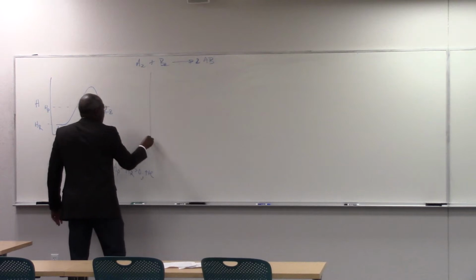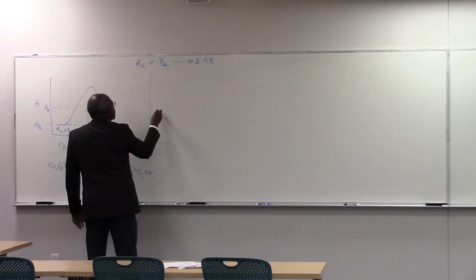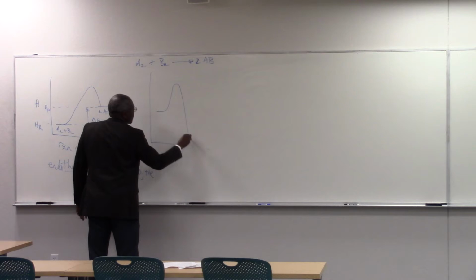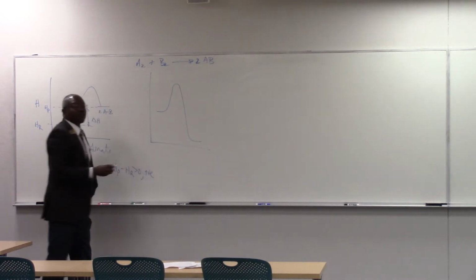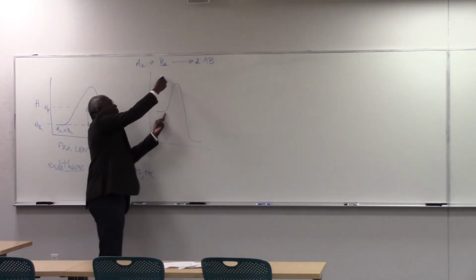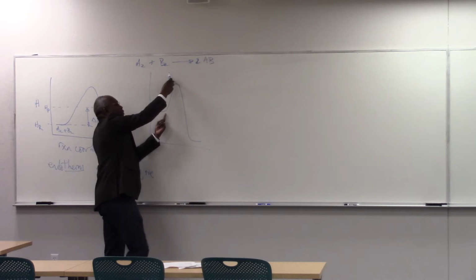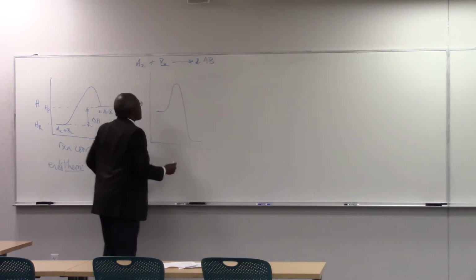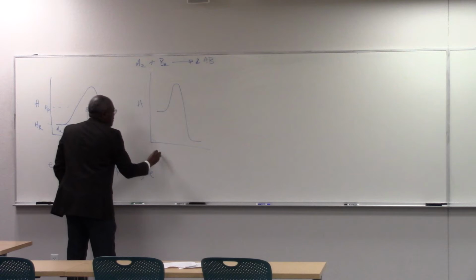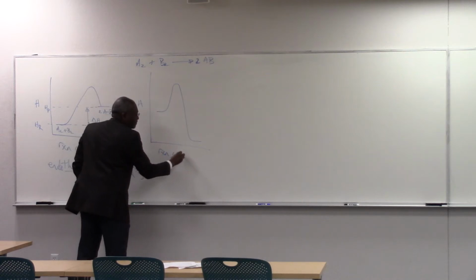There's a version in which the energy consumed in bond breakage is less than the energy released in bond formation, right? So we consume this much energy, but we release more. That's the scenario, and again, this is H against reaction coordinate.